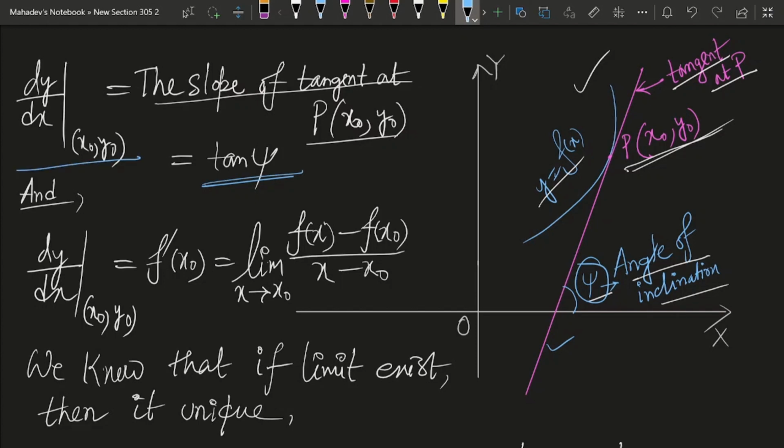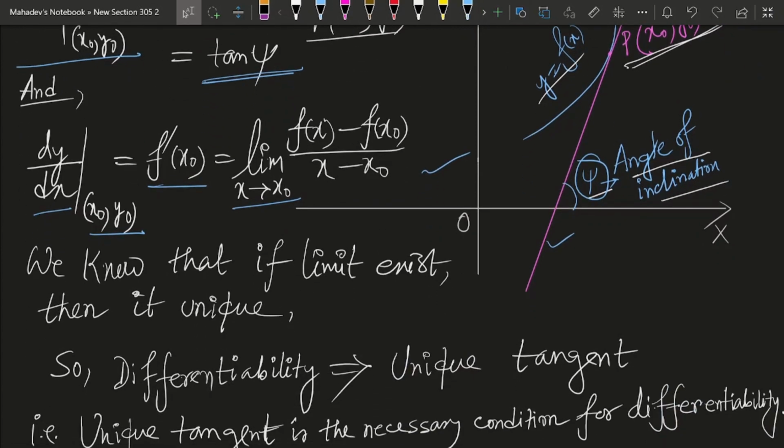But we know that dy/dx, that is f dash x at the point x naught, is defined by the limit as x tends to x naught of (f(x) minus f(x naught)) by (x minus x naught). Now if the limit exists, then the limit is always unique.